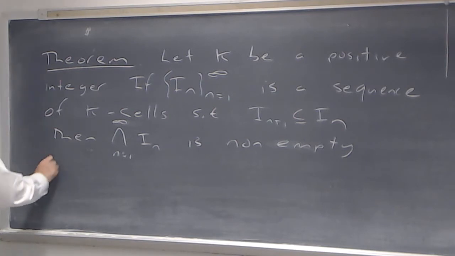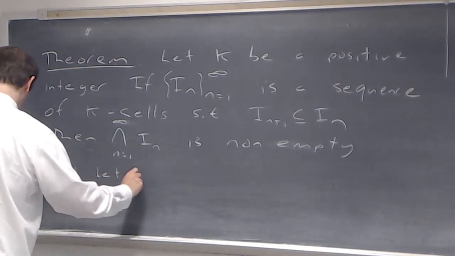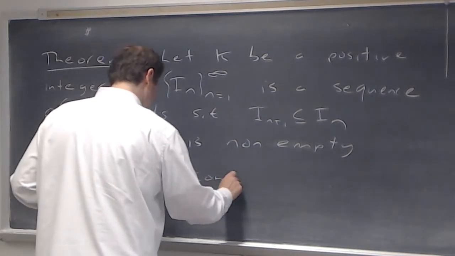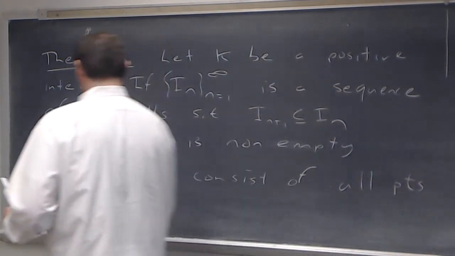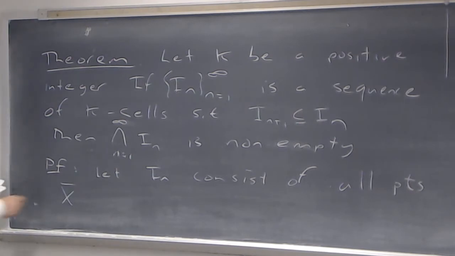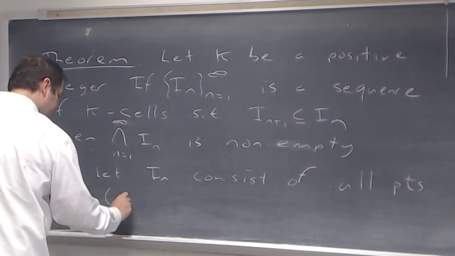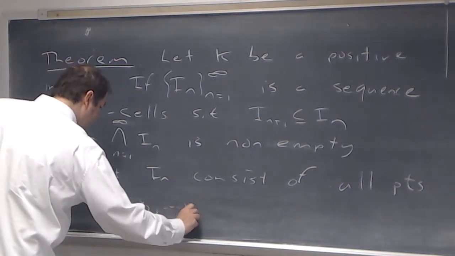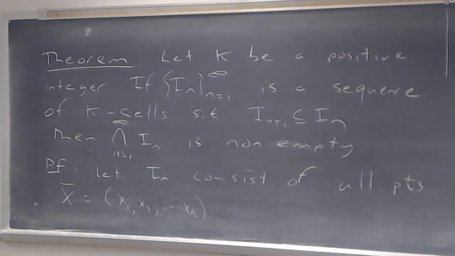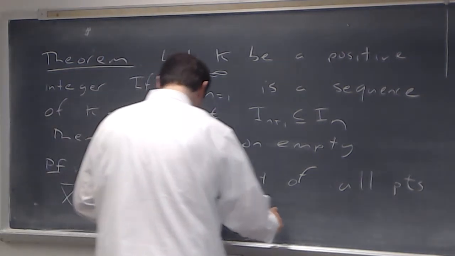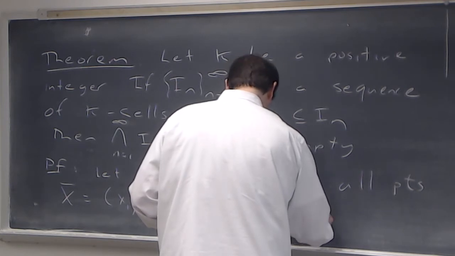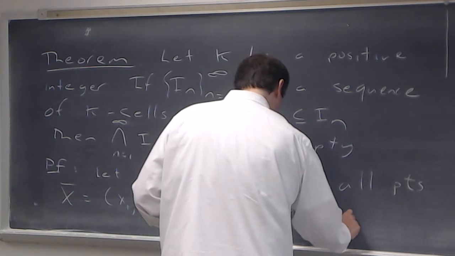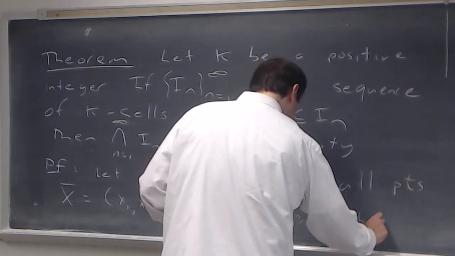And this is just extending the theorem that we ended with from R1 to Rk. Okay, so the proof is, we let I sub n consist of all points that have the form x bar, a k-tuple x1, x2, all the way up to xk, such that for each coordinate we have some bound: a sub n,j is less than or equal to x sub j, which is less than or equal to b sub n,j.